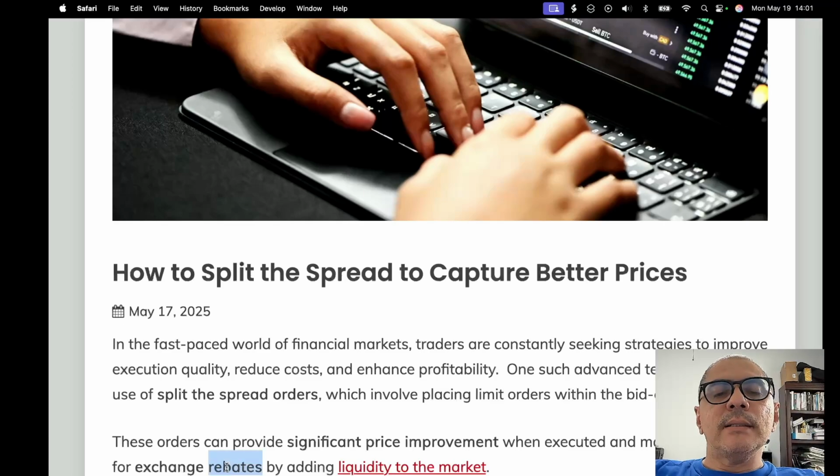Usually this doesn't happen with small traders because the volume is very small, but as you have more trades and trades with high volume, then you can get an agreement with your exchange or with the company that you're trading with, and they are going to pay some rebates for you to trade.